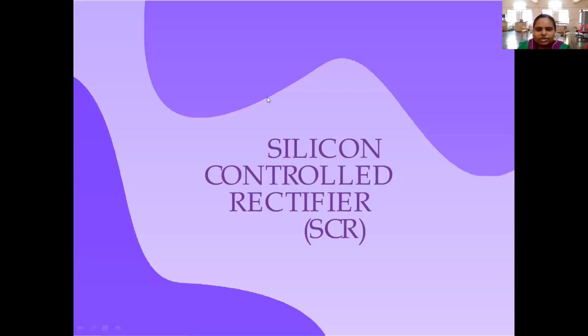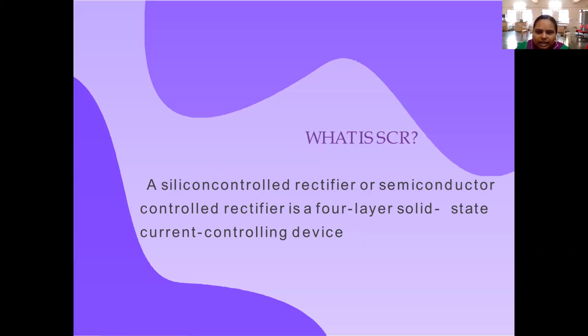In this, first we will learn what we mean by an SCR. SCR is called a silicon controlled rectifier. Next, why is the name given as SCR? A silicon controlled rectifier or semiconductor controlled rectifier is a 4-layer solid state current controlling device.